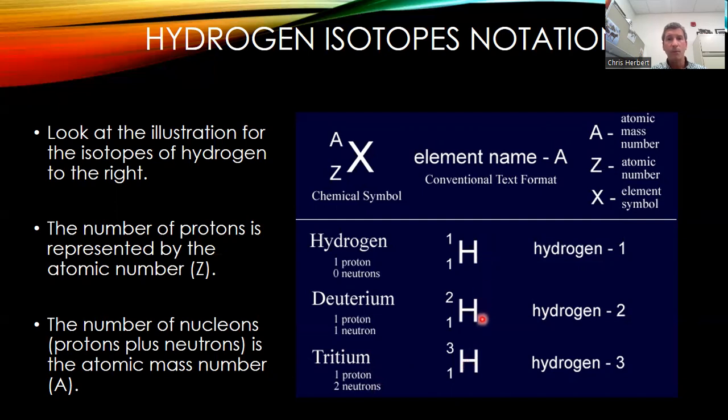Hydrogen and deuterium, again, usually we refer to hydrogen 1 as just hydrogen. Deuterium is the isotope of hydrogen with 1 neutron. It's actually stable. Tritium is not.